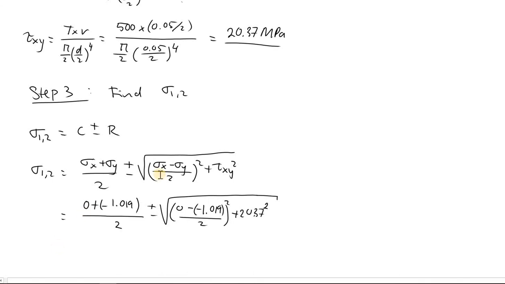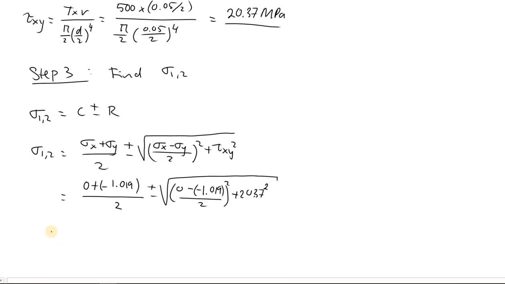If we then put this in our calculators and calculate our maximum, the center plus the radius, we get 19.87 megapascals. And for our minimum principal stress, we get negative 20.89 megapascals.